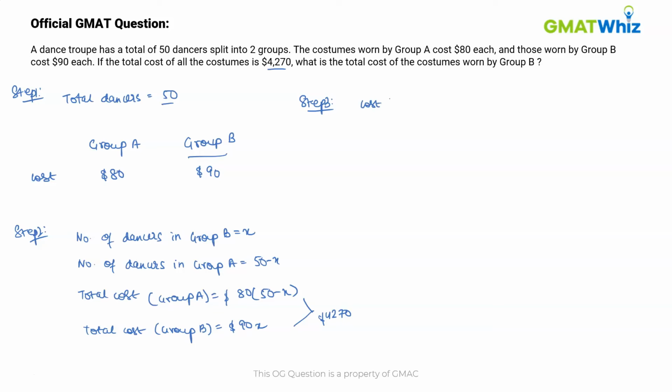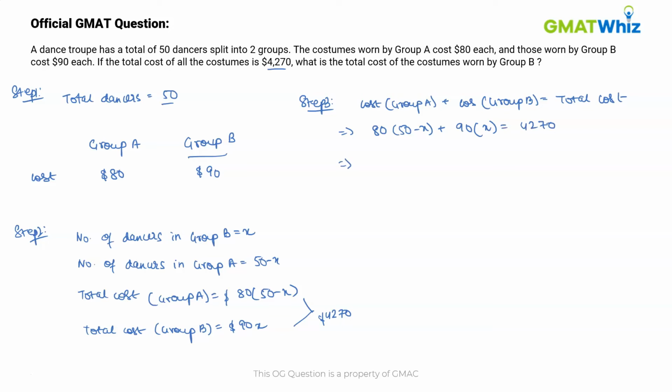Now, the cost for Group A plus the cost for Group B should be equal to the total cost. Substituting these values, we get 80 times (50 minus X) plus 90 times X. This should be equal to 4270.